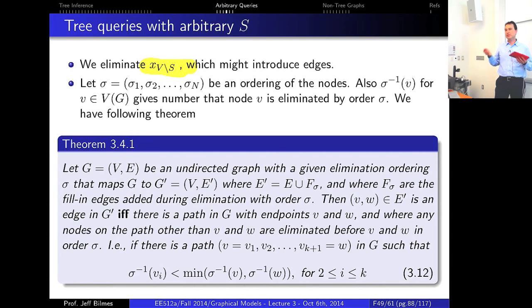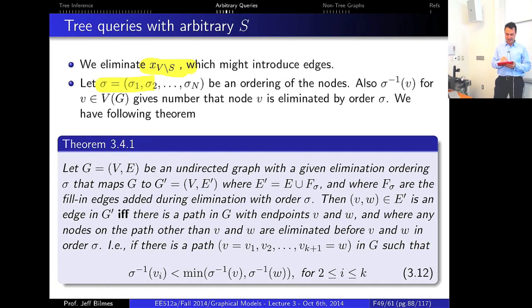Okay? If S is a subtree, we can keep eliminating leaf nodes until what we're left with is that subtree. Now we have some elimination ordering. Again, this is the order that we choose to eliminate these variables, which, as we now know, is identical to an ordering of the messages.